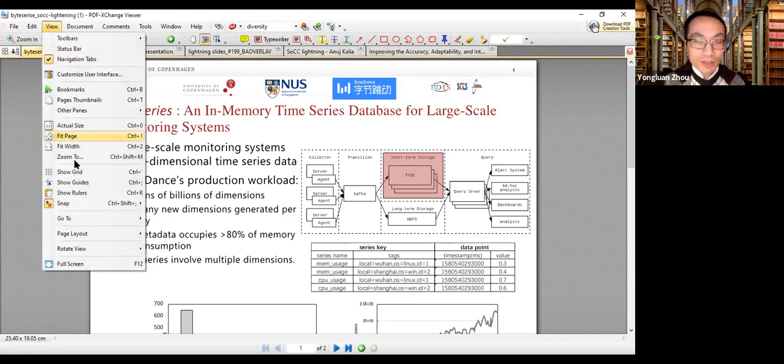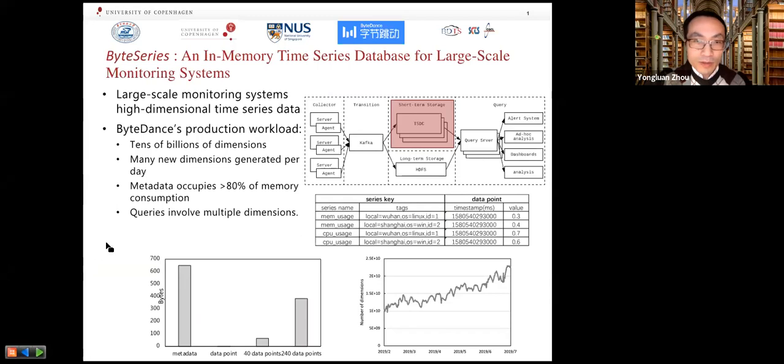So I'm presenting our work on Pi series. It's a joint work with a lot of colleagues, so I'm not going to name all the co-authors. Pi series is an in-memory time series database for large-scale monitoring systems.